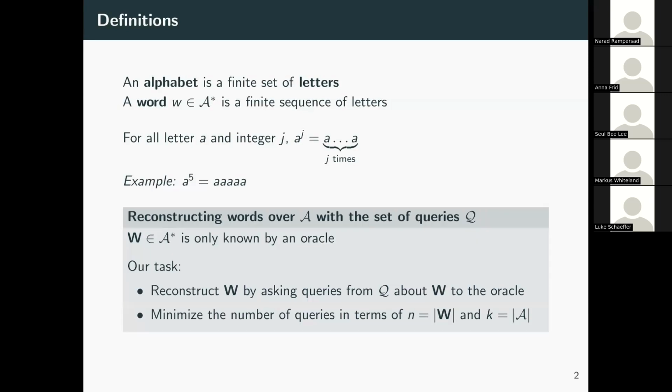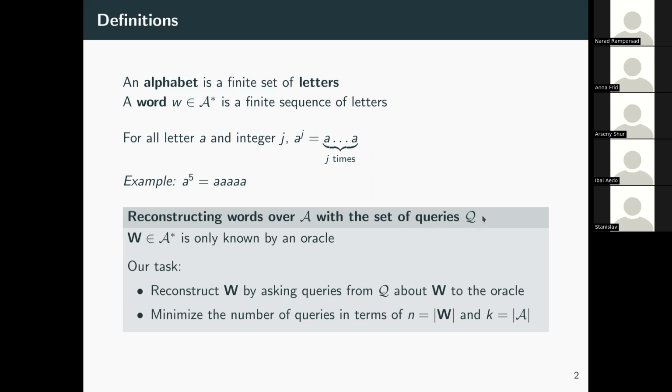The problem I want to look at today is what I'm going to call reconstructing words over some alphabet with a set of queries. What do I mean by that? There is a word W over this alphabet, and I don't know this word. But there is an oracle that knows this word, and the oracle will accept to answer some of my queries about this word.